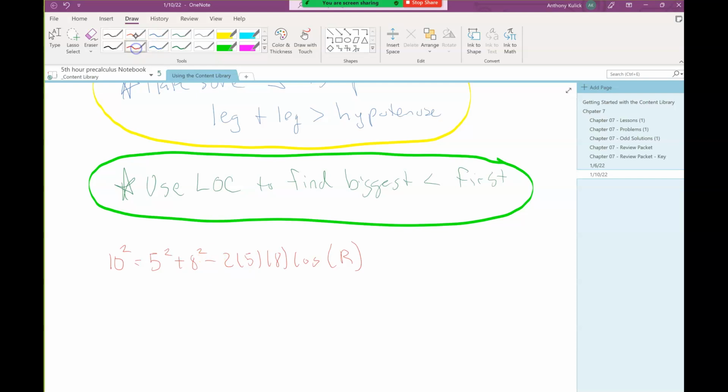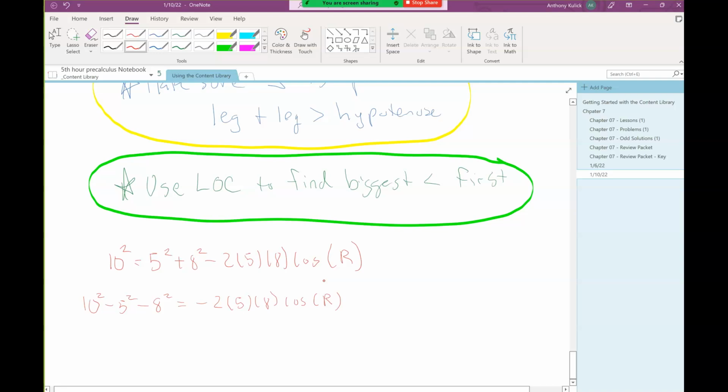So in general here, what I would encourage you to do, I wouldn't do any simplification. I would just rearrange this to get the angle R by itself. So I would just start by subtracting 5 squared from both sides, and then subtracting 8 squared from both sides. And then how do I move the negative 2 times 5 times 8 over?